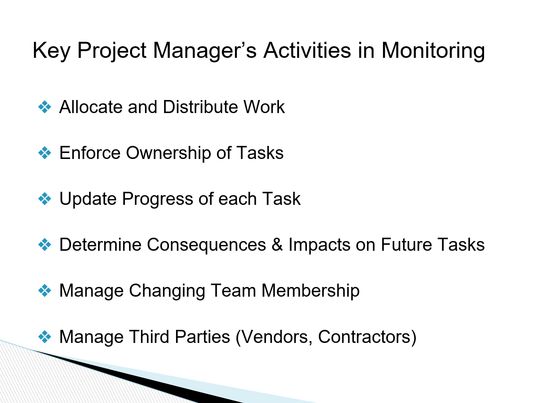So as the project manager monitors the work, he or she needs to distribute and assign project tasks and ensure that the assigned individuals take ownership of the tasks and update the status of those tasks on a periodic basis.